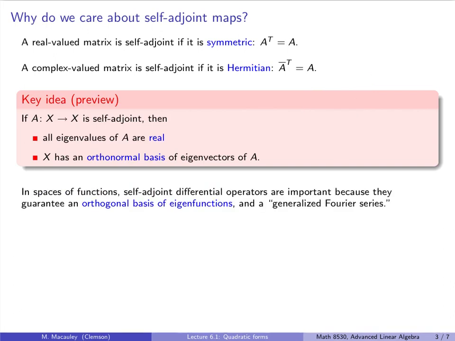This is especially important in spaces of functions, because a lot of times we will have differential operators that are self-adjoint, and when we do, they guarantee an orthogonal basis of eigenfunctions. I've previously given you a glimpse into Sturm-Liouville theory and Chebyshev polynomials and Legendre polynomials and sines and cosines and Fourier series.